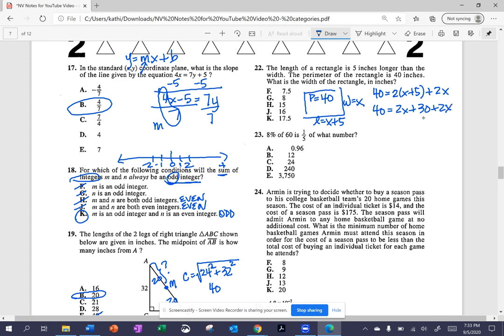Sorry, 2 times 5 is 10. So I'm going to subtract 10 from both sides. So I get 30 equals 4x. So divide both sides by 4. And I get x equals 7.5.